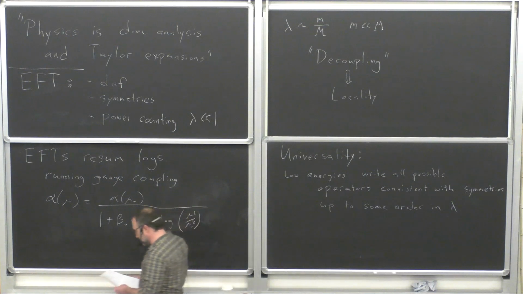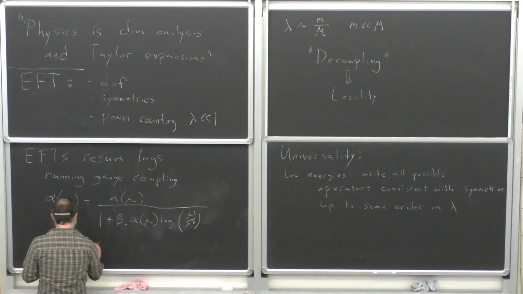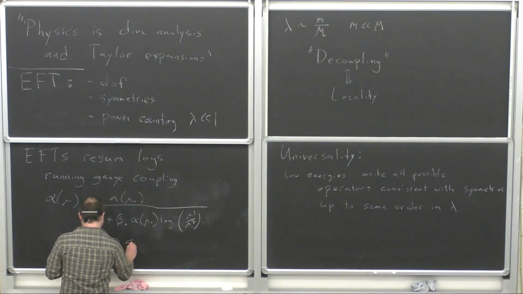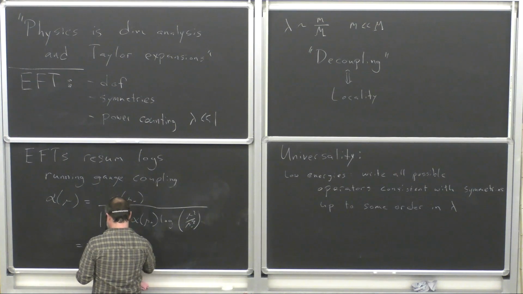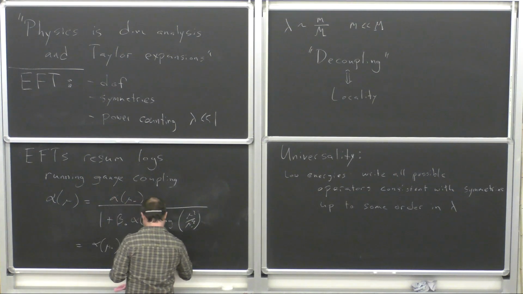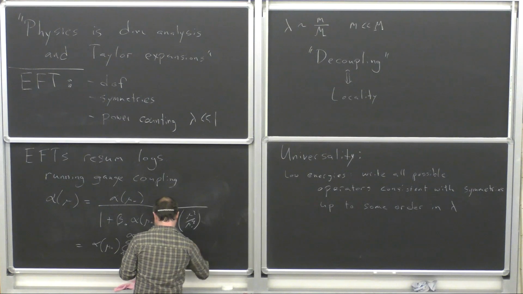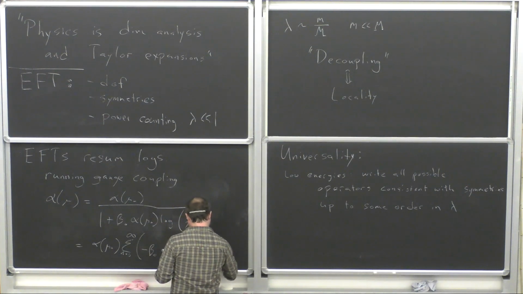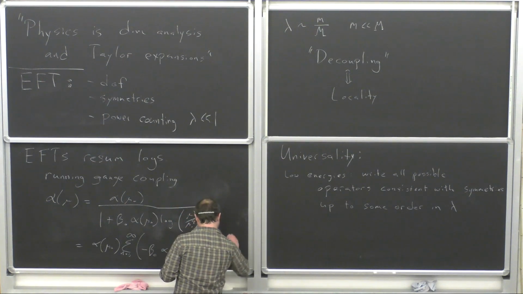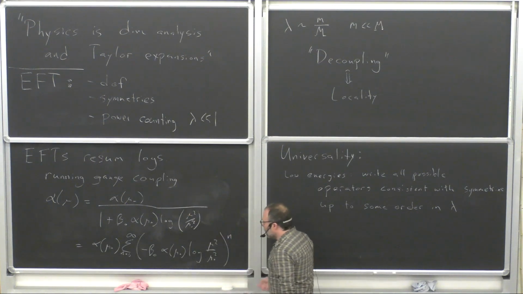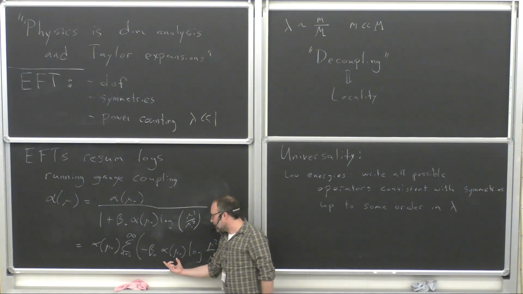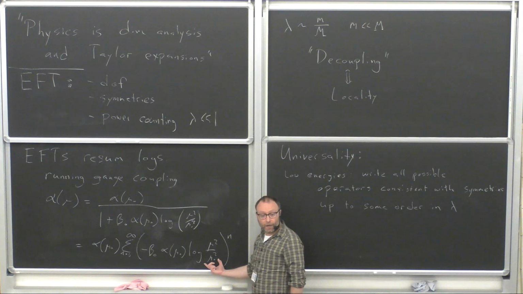So if we just Taylor expand this, we get something of the following form. So we get an expansion in alpha times log, okay?